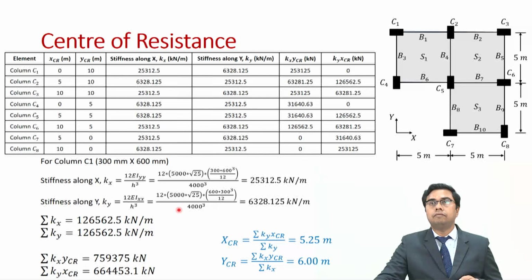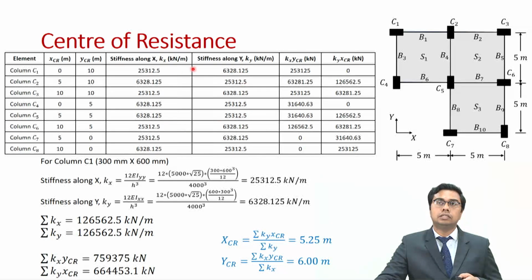Now, once we have found out the stiffness along x and the stiffness along y for different columns, we have listed them over here. We have shown the calculation for only one of the columns, C1; the rest has been done in Excel, and then we have listed them in this table.